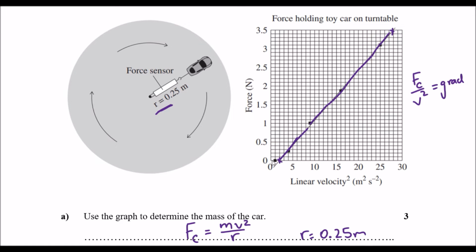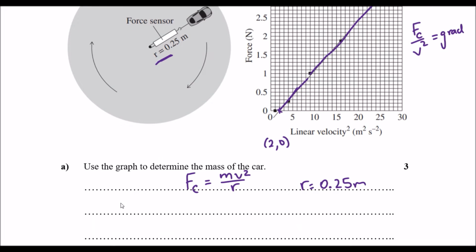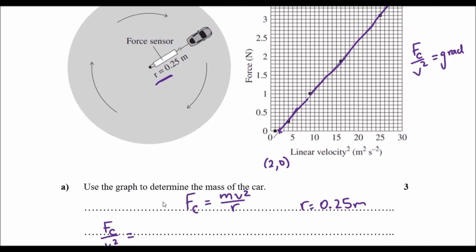We have this point here, which is 2, 0. And then over here we have the point 28, 3.5.